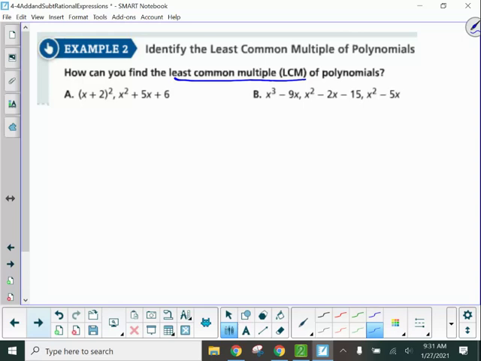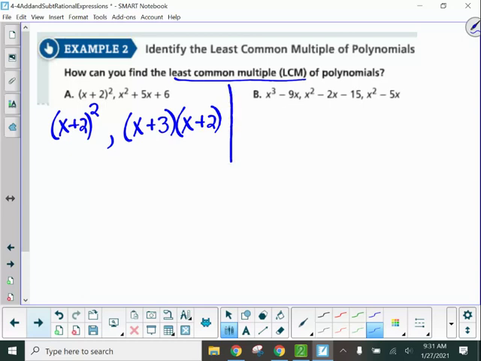So you need to account for every factor, and you need to account for every factor to the highest power. My first polynomial here, x plus 2, is already squared, so there's nothing else that we can do with that. With the second one, x squared plus 5x plus 6, that is going to factor into x plus 3 and x plus 2.